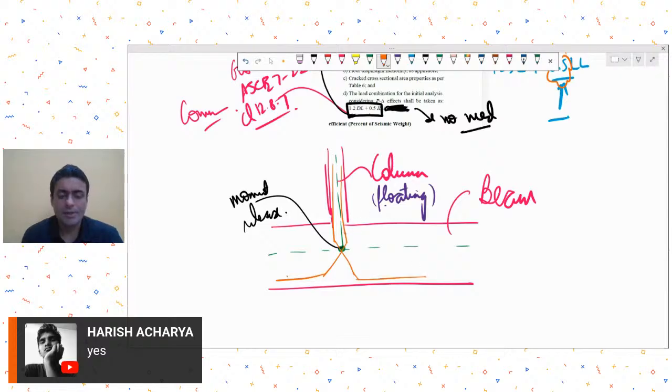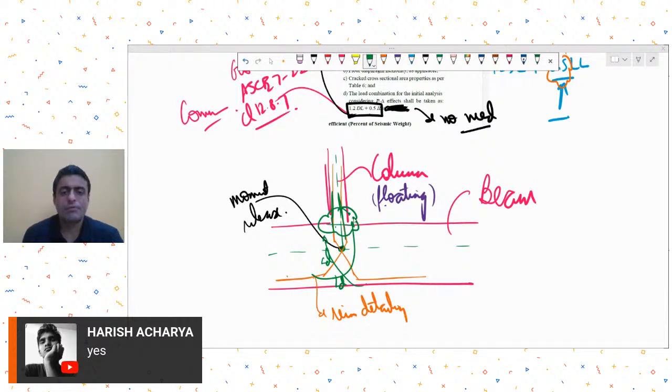Many people or many documents that I've read, they do some reinforcement detailing like this, but I'm not sure how this will behave. If you do this detailing, you are still providing a sufficient length, a substantial length which will generate yield level stresses in the bar, thereby not allowing this junction to behave as a released junction.